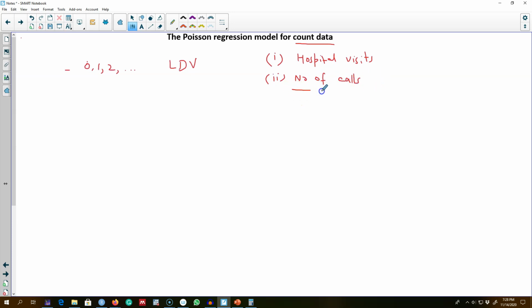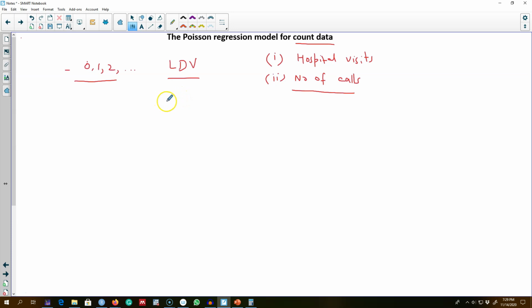So see, the number of calls received in an hour in a call center can only take specific count values. Similarly, the number of hospital visits in an hour can only take non-negative integer values. Similar to my previous discussion about a binary dependent variable or a dependent variable with a corner solution response, OLS may not be the best estimator in this case.